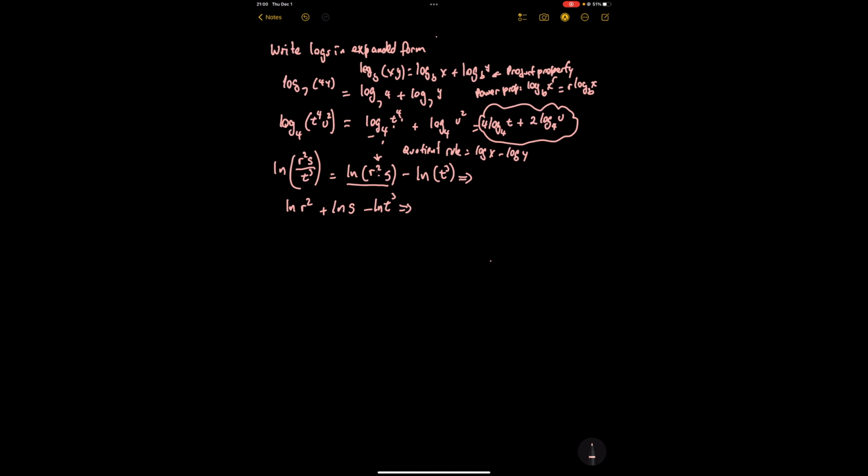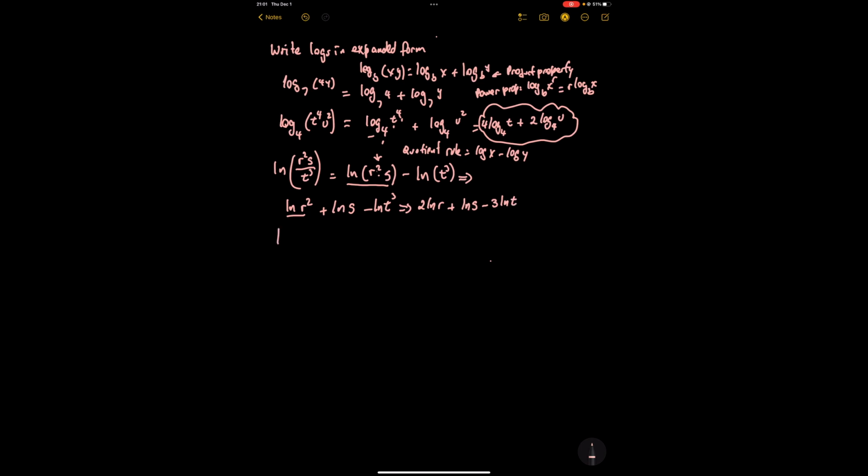So I have ln r squared. All I can do for that one is the power rule. So that's going to be 2 ln r plus ln s minus 3 ln t.